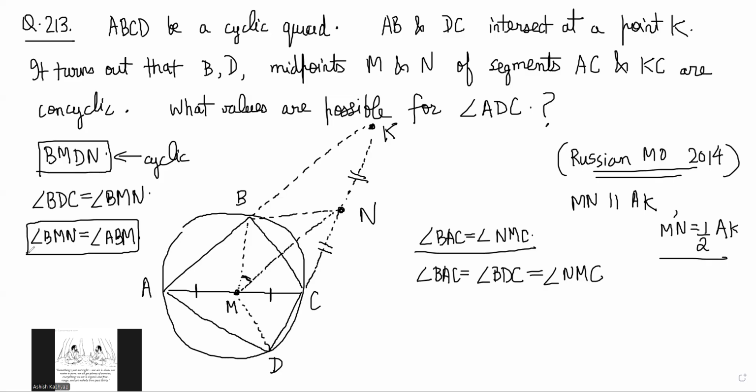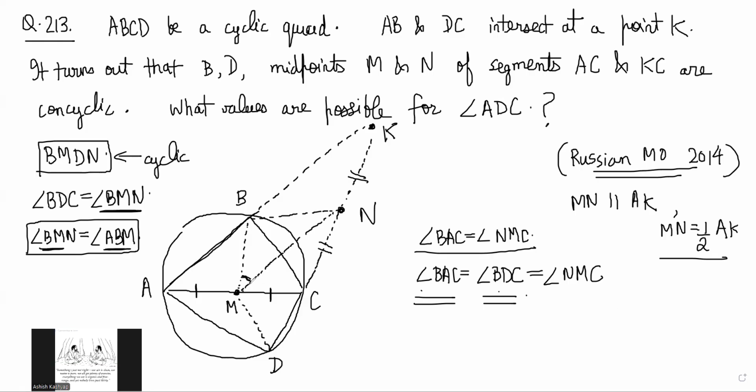So that is correct. Now BAC was equal to BDC, and BDC was equal to BMN, and BMN was equal to ABM, right? Do you understand there is a chain of equalities here? Sir, how is BMN equal to ABM?